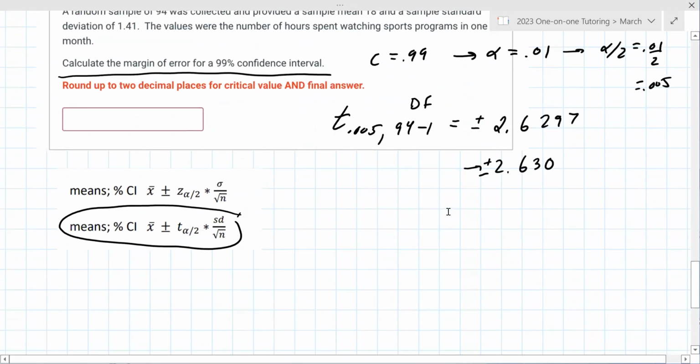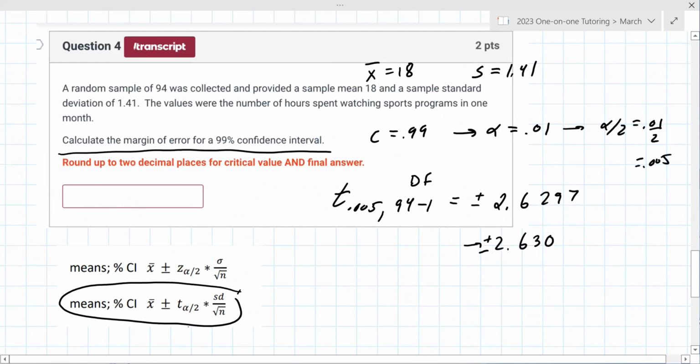Is that okay? Okay, so the margin of error though is just this part on the right. The margin of error is 2.630 times the standard deviation, which is 1.41, divided by the square root of n, which is 94. So once you get the value, it's really not that hard.